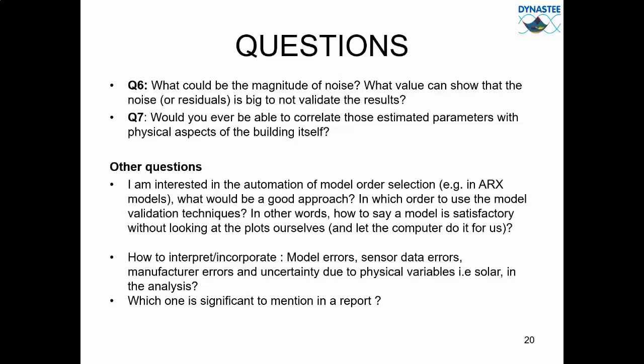Sensor data errors. Well, of course, in the statistical models, that's exactly what we need to model. All the statistical time series analysis models include a description of noise. And what is noise? That is basically, or error, something that's completely random that we cannot explain, at least with our available data.